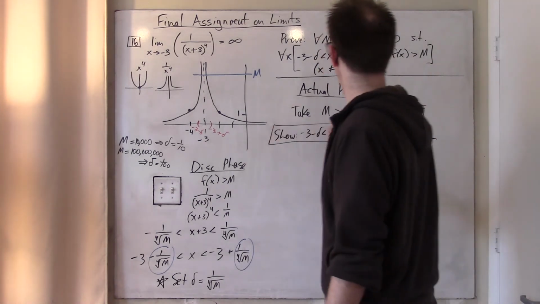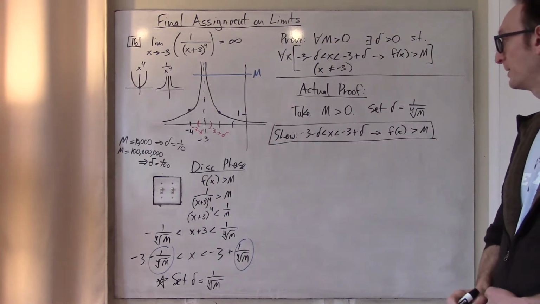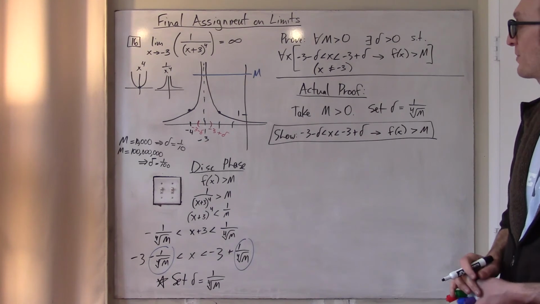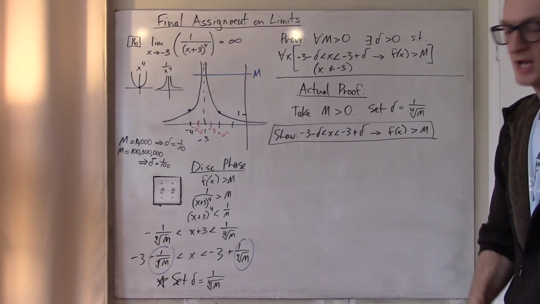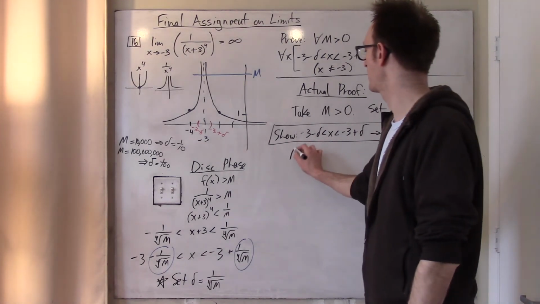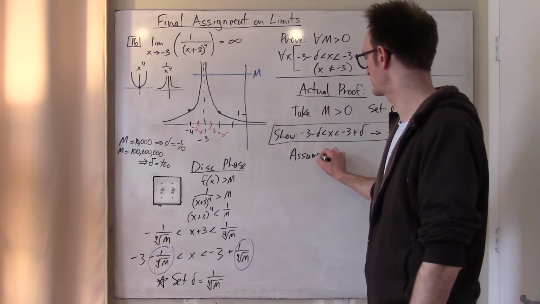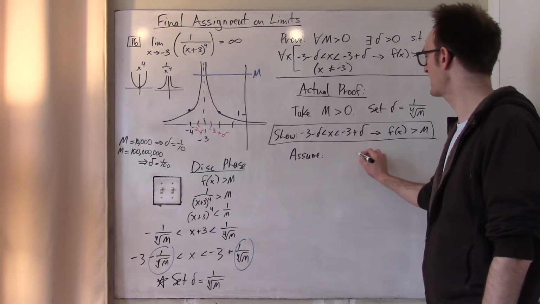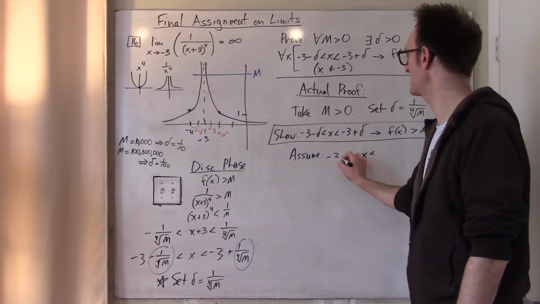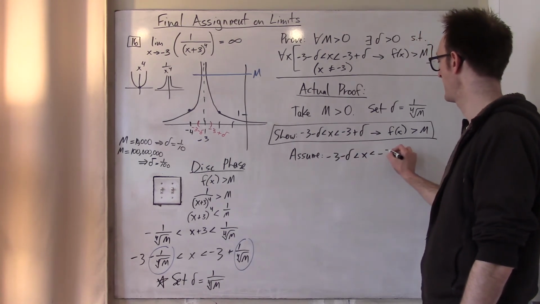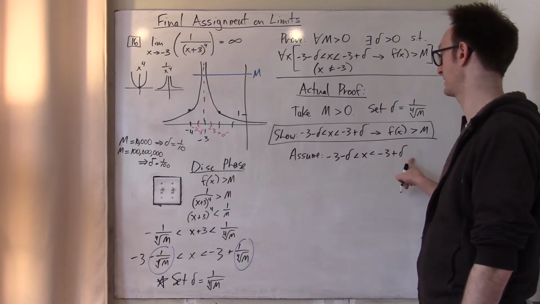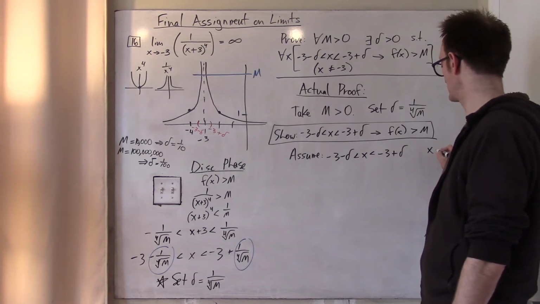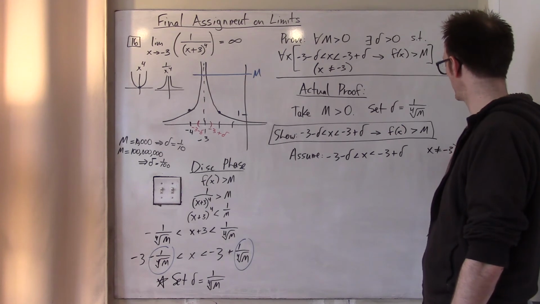So this should mostly involve just doing the steps from discovery phase backwards, but let's approach it with a fresh mind. Assume that x is a number in between negative 3 minus delta and negative 3 plus delta, where x is not actually negative 3.